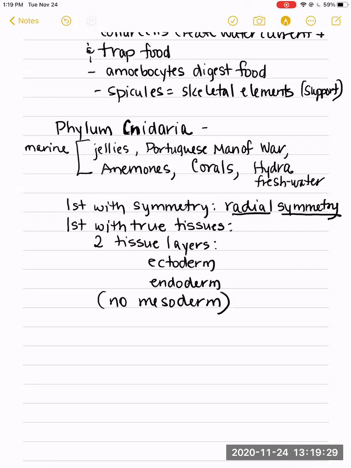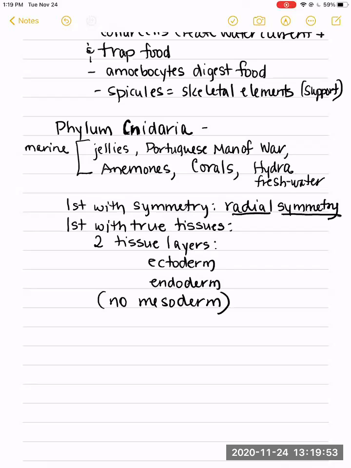All animals after cnidarians are going to have three tissue layers in embryonic development that form all of the structures of that animal. So if you only have two tissue layers, there are certain structures you can't form, such as muscle and bone and some other complex structures. So they only have two tissue layers to work with for building their structure.